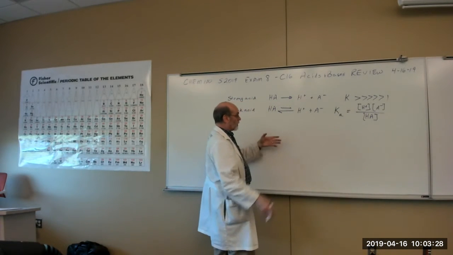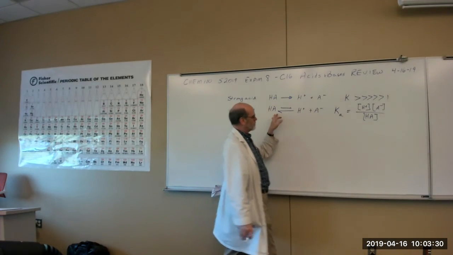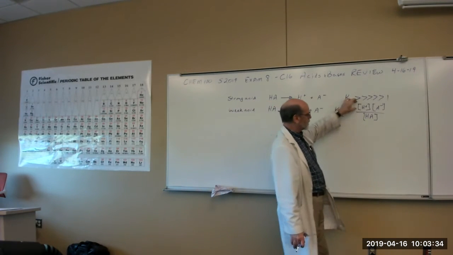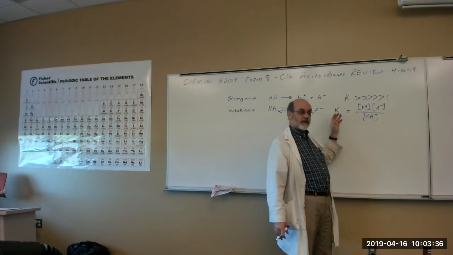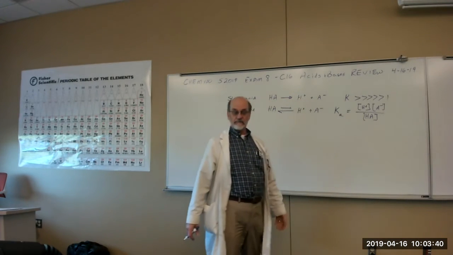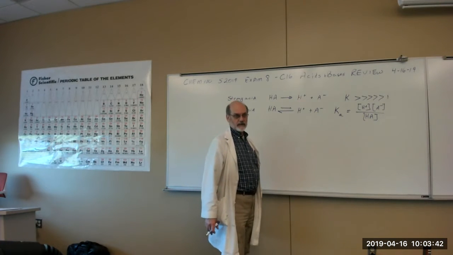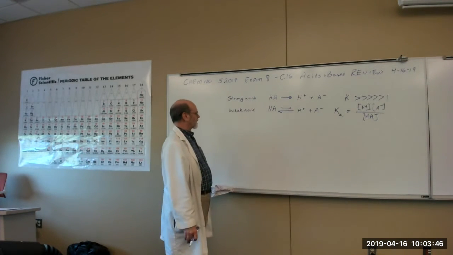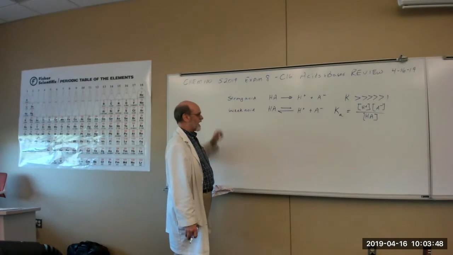But we can go on up and have a little bit more of this, and that increases this one and decreases that one. So then the constant is 10 to the minus 7. That's not unheard of, but it's still a weak acid.